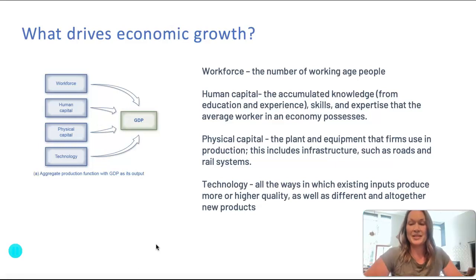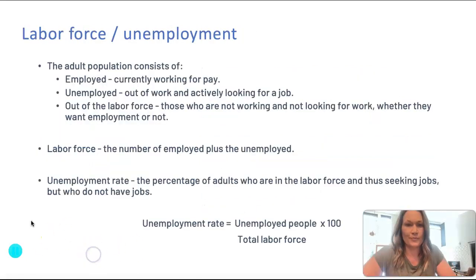So sometimes you can use the same inputs and produce more output. And the magic there is the technology, the way in which existing inputs produce more or higher quality, as well as different and altogether new products. So again, size of your workforce, human capital, physical capital, and technology are the 4 important factors for economic growth.